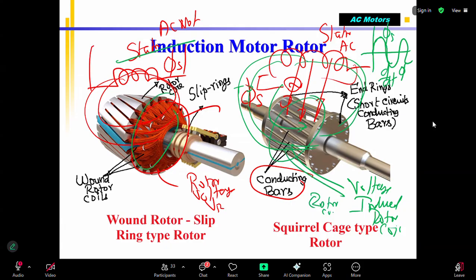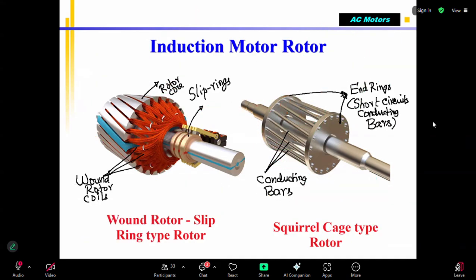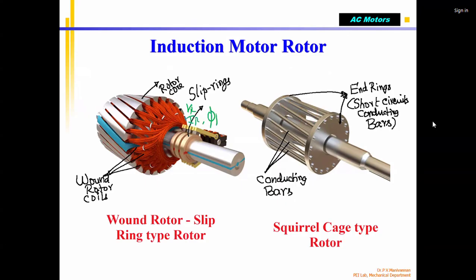Since induced voltage is generated, automatically there will be a current flow. Correct? I say V rotor, I rotor, and there is a rotor magnetic field, phi rotor. The same thing happens here. V rotor, I rotor, phi rotor is induced, whether it is a squirrel cage type or wound rotor type. I'm going to explain the advantages of this and this.